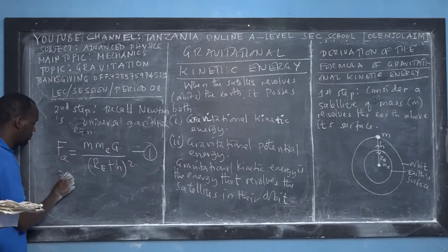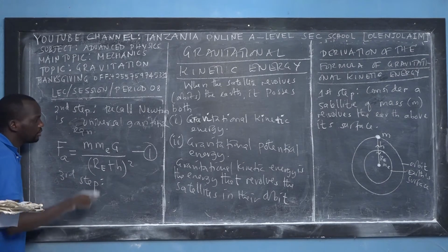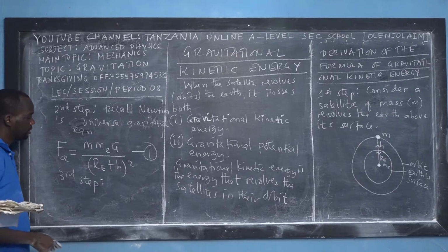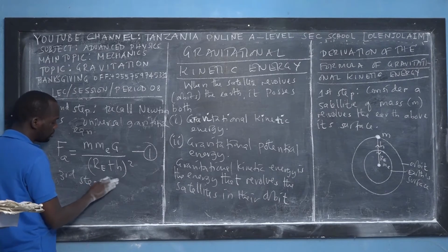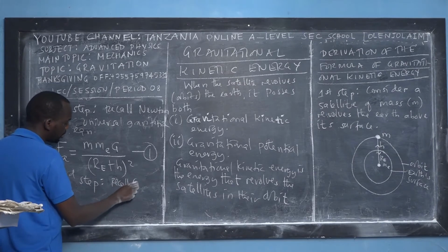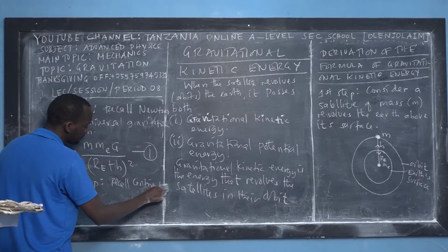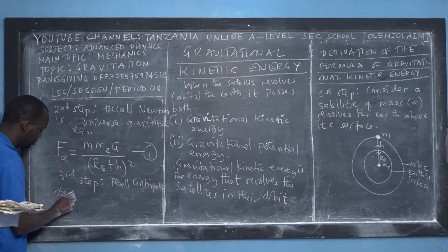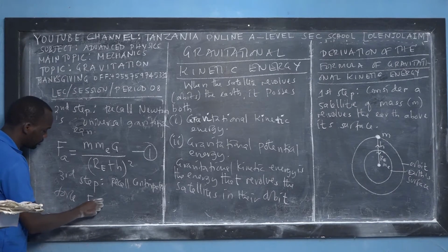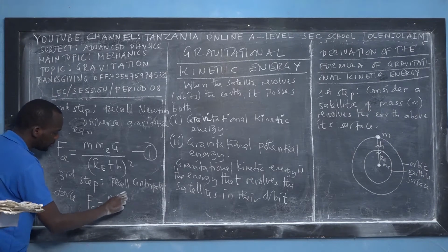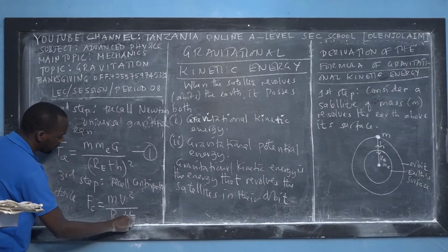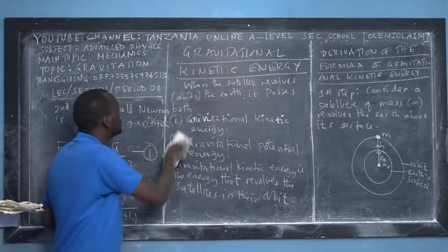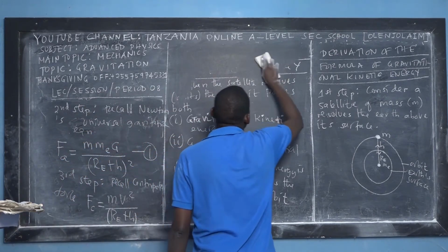Second step. Again, the satellite provides the centripetal force that will be balanced by the force provided by the S. So we consider, or we call, the centripetal force, and this centripetal force is equal to the mass of the satellite times the square of the velocity of the satellite, over the radius of the S plus the height h, because that's the radius of the orbit of the satellite.